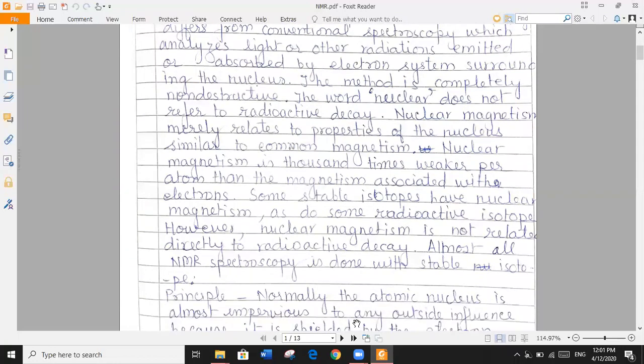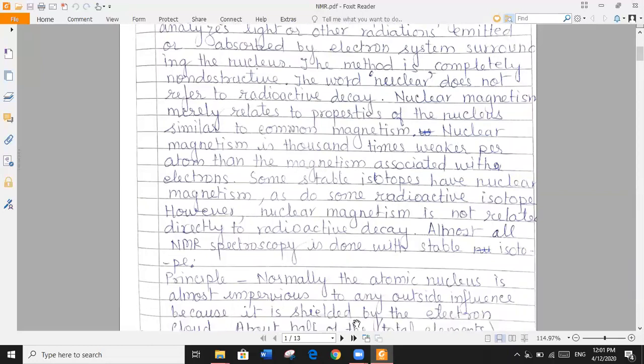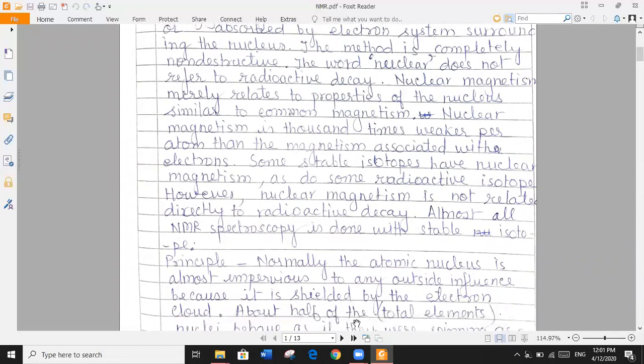Normally, the atomic nucleus is almost impervious to any outside influence because it is shielded by the electron cloud. What does that mean? The nucleus is not affected by the outside atmosphere because it is shielded, surrounded by the electron cloud.